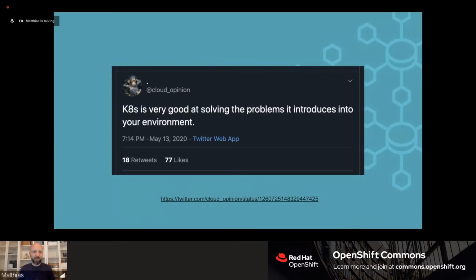All right. So this was something that was brought up in May, but I love the phrasing of it: Kubernetes is very good at solving the problems it induces in your environment, right? Kubernetes and OpenShift are awesome platforms for managing distributed setups. But at the same time, it also introduces a lot of the complexity that we might or might not have been exposed to initially.